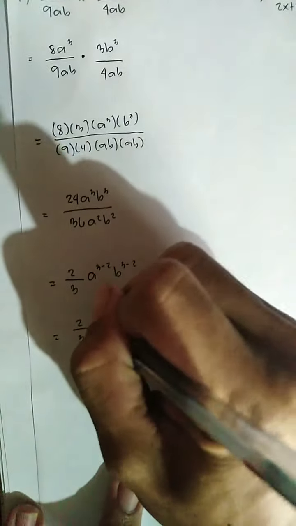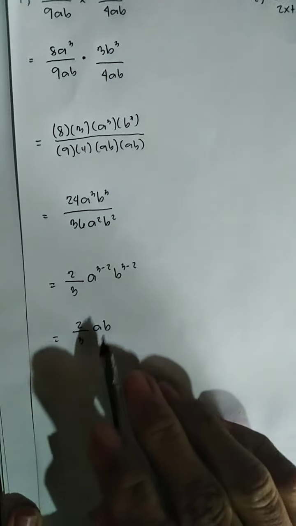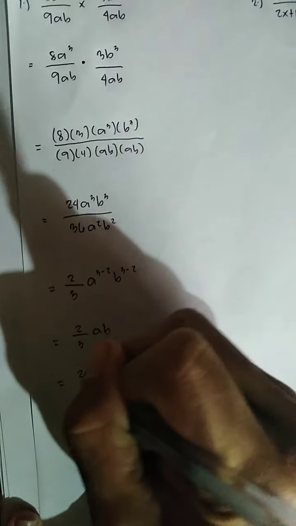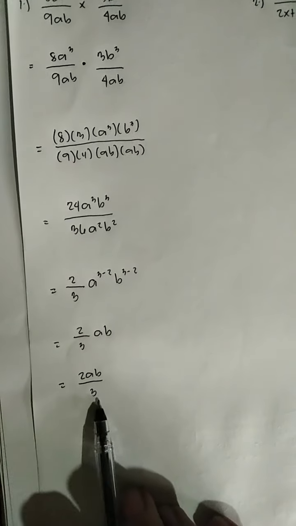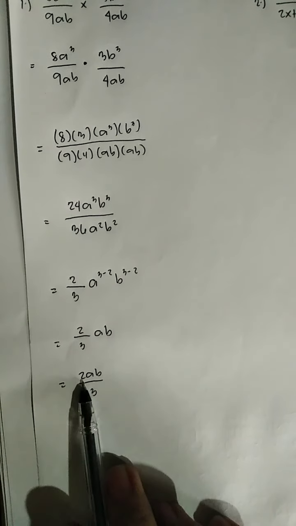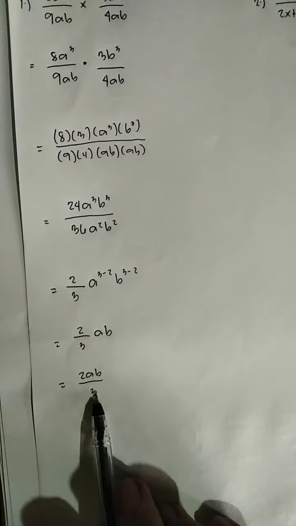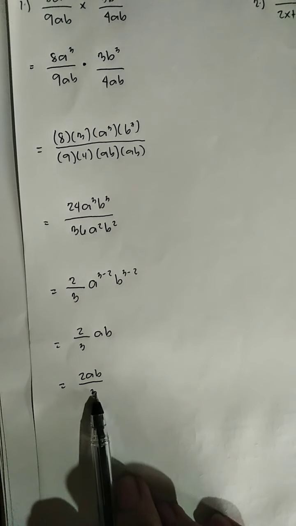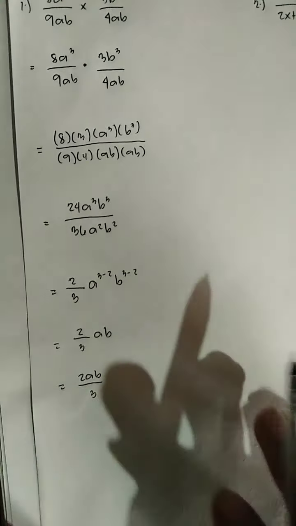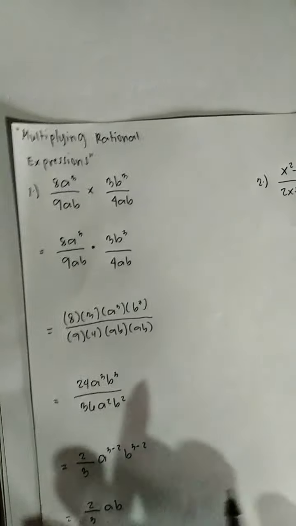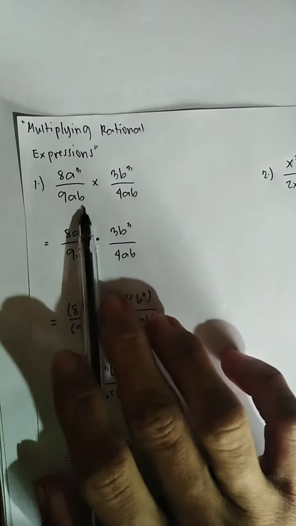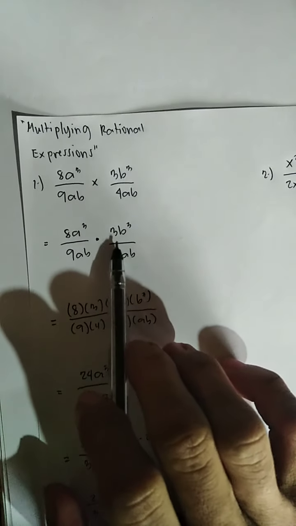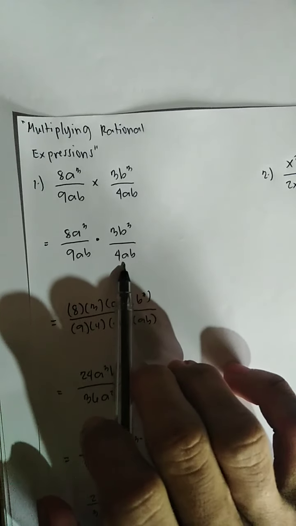That will become ab. So 2 times ab, that is 2ab over 3. Now, since we can no longer express the numerator and denominator in lowest form, because the only factors between numerator and denominator are 1 and itself, we can say that this is already the resulting product of 8a cubed over 9ab times 3b cubed over 4ab.